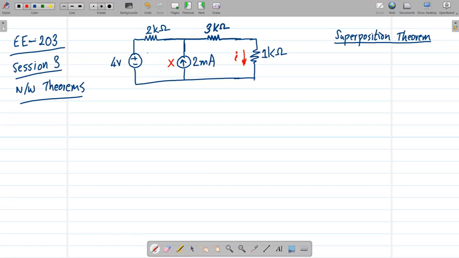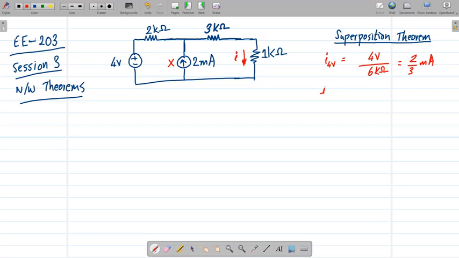It's 4 volts. So let me call it I due to the 4 volt voltage source, given by 4 volts divided by 2 plus 3 plus 1, so 6 kilo ohms. Okay, so that's 2 over 3 milliamps.